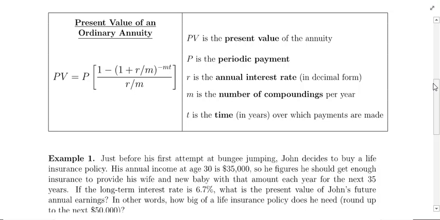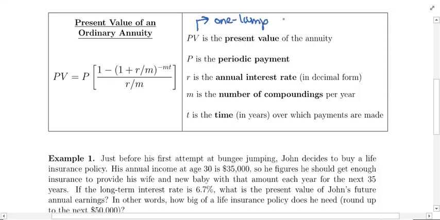PV, like I've already told you, is the present value of the annuity. Again, I'll notate it on here. It is the one lump sum that must be invested in order to pay out the annuity.